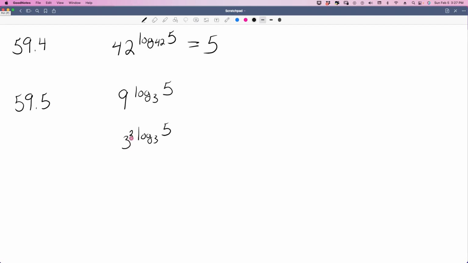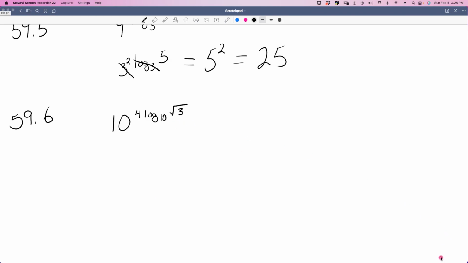Or 3 squared raised to the power that it must be raised is 5. So what we do for this problem is we cancel out the bases that are the same. This moves to our answer. So the answer is 5 squared, which we know is 25. And that's how you would solve a problem like that.